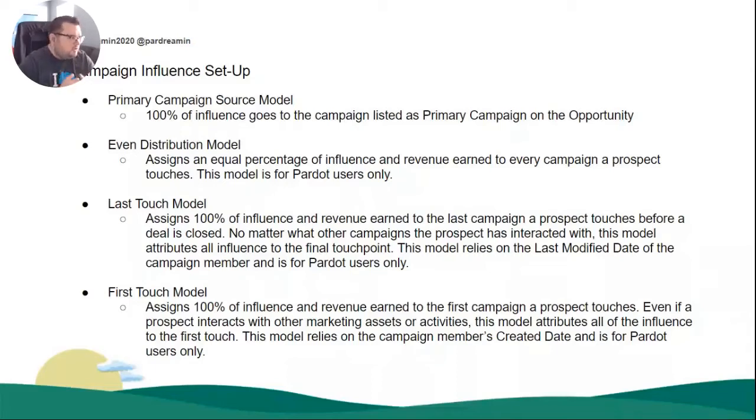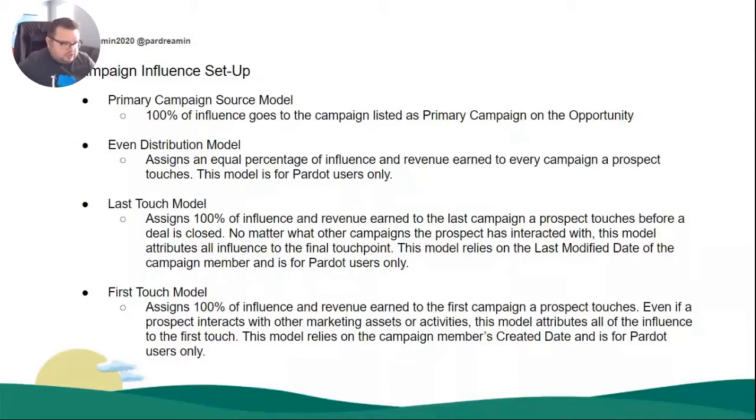Since there is no primary campaign, you'll see either a first touch, a last touch, or an even distribution at the campaign member value for the contact role in that opportunity. So it's going to look at the other campaign memberships that contact role is a part of.